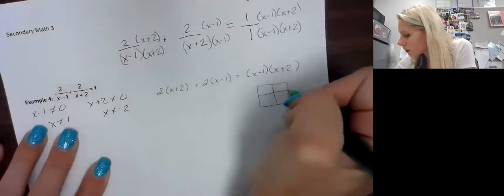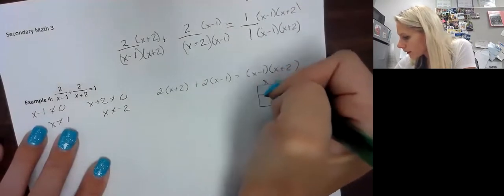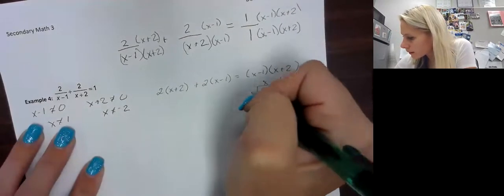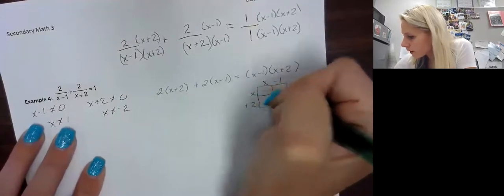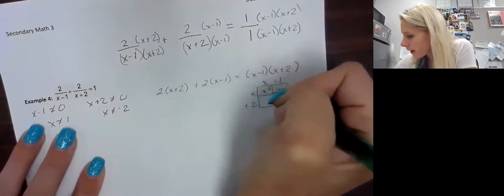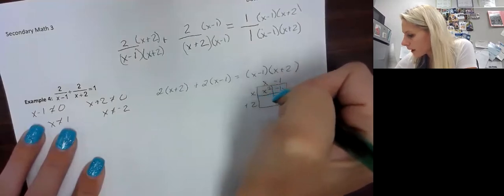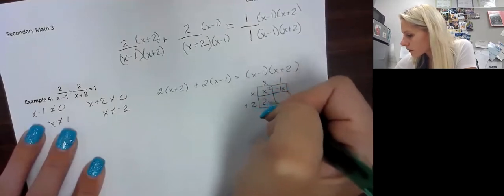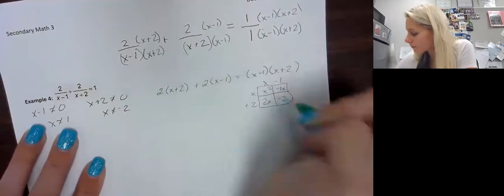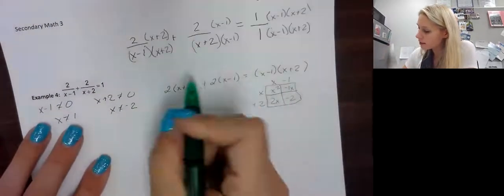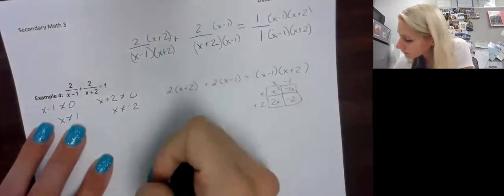So I'm going to just draw what you would do. x minus 1, x plus 2, and multiply in the box. 1x, 2x, and negative 2. Okay? All right, so let me distribute this into my like terms here.